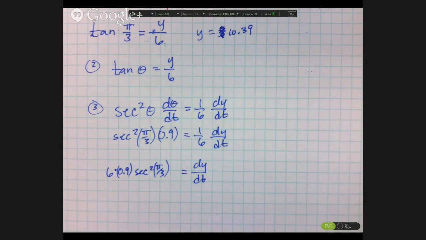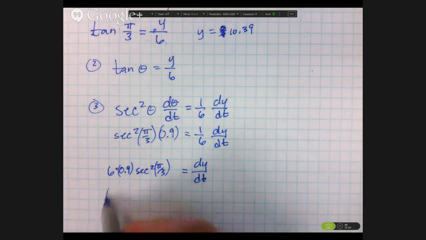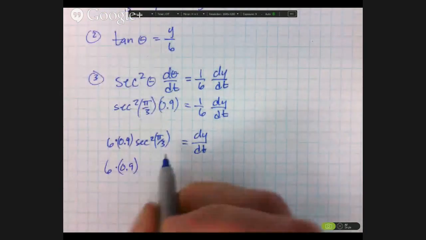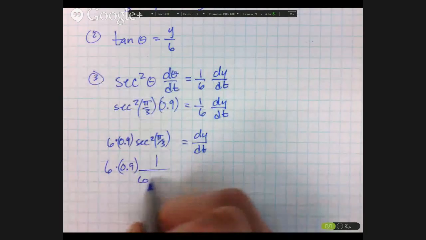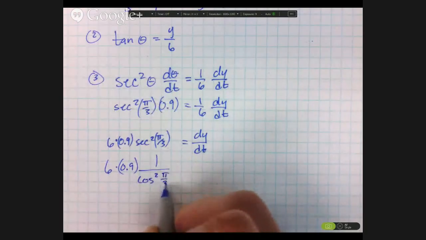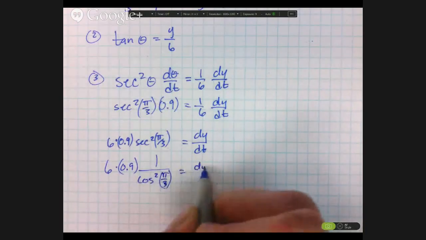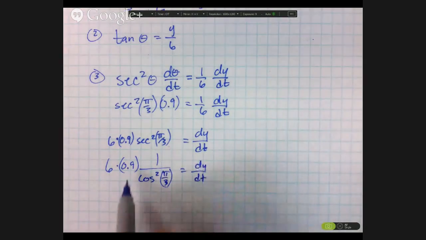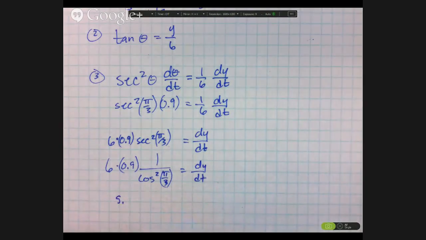I multiplied by 6 to move the 1/6 out. Okay. So remember, secant is 1 over cosine. I believe that is 5.3 or 5.4.